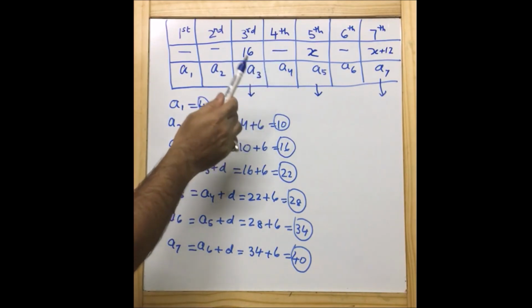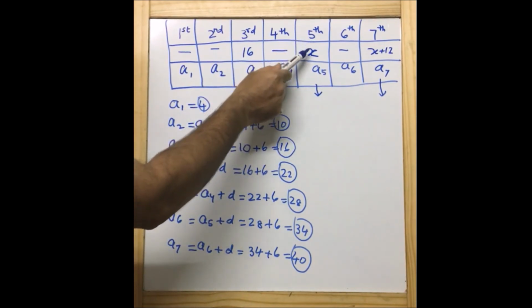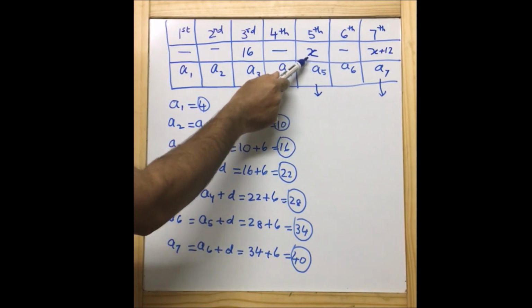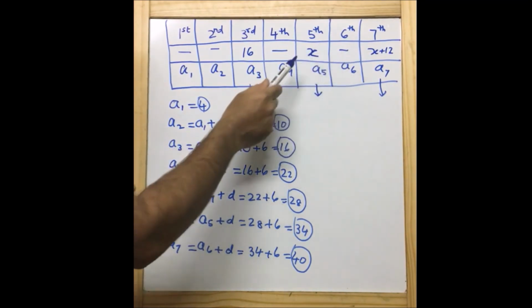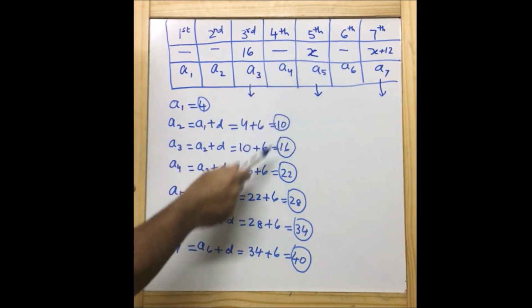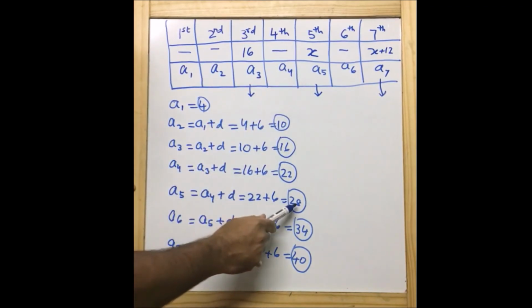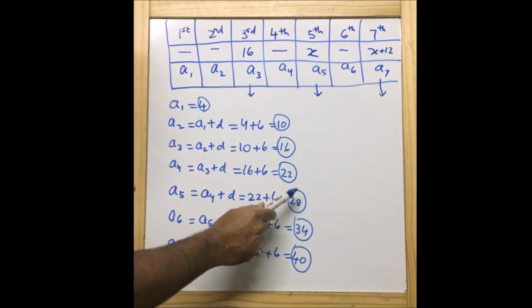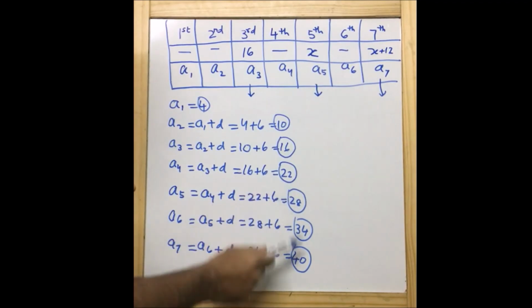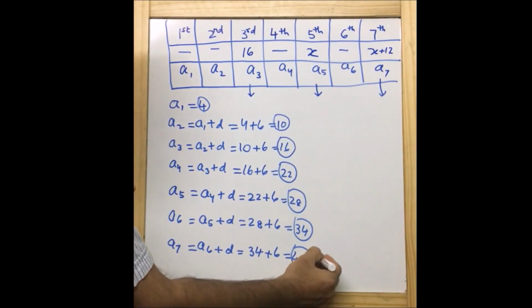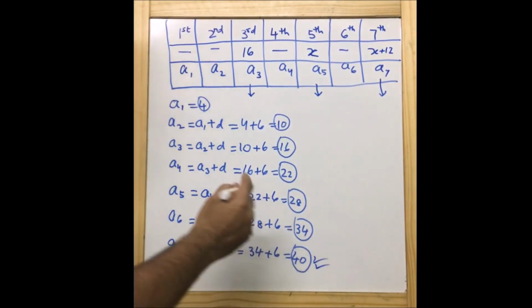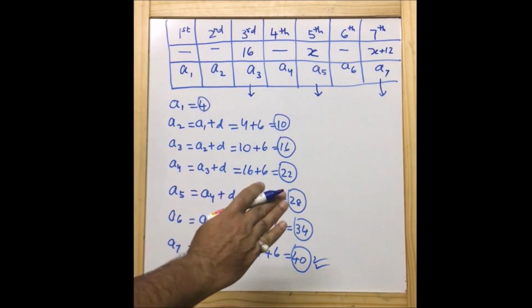But one thing I would like to show you. As per the given arithmetic progression, if the fifth value is x, we have considered the seventh value as x plus 12. So let's see if we are getting the same result or not. See, the fifth value is x, here the fifth value is 28 that we got, so 28 plus 12 will become 40. So this is what we got, 40. That means the way that we moved is absolutely correct.